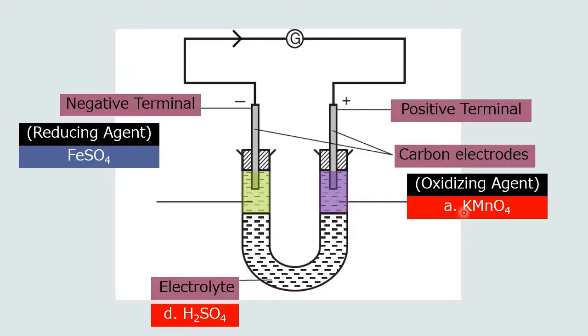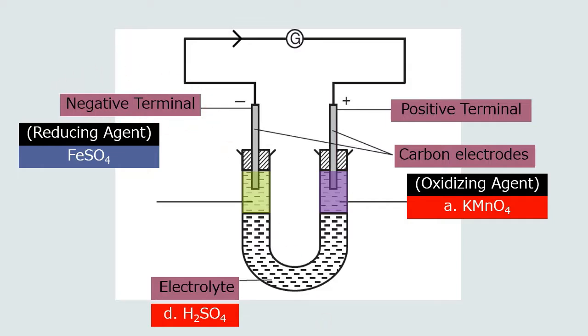Because acidified potassium manganate(VII) solution is an oxidizing agent that is able to receive electrons, the carbon electrode immersed into it will become the positive terminal, while the carbon electrode that is immersed into the iron(II) sulfate solution, which is a reducing agent, will become the negative terminal.